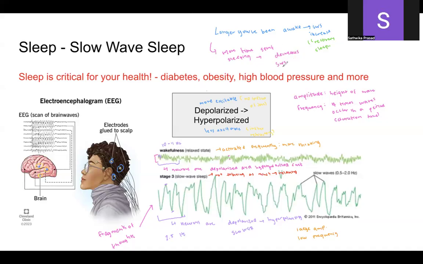So just so you guys understand that correlation, the more time you've been awake, the more your SWS sleep time will increase. Whereas the more time you spent sleeping or the more time you've been resting, the less SWS sleep you have. So this is all that you need to know regarding slow wave sleep.